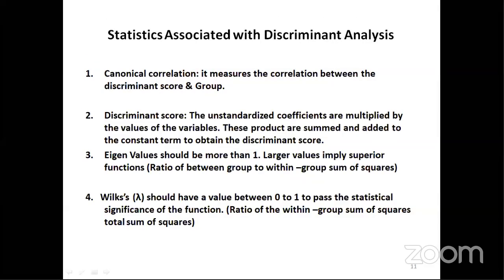Like factor analysis, here also we have some statistics which are associated with the discriminant analysis. Definitely, if you are conducting any discriminant analysis, you have to know some statistical terms related to it. Because you are going to calculate these statistics, and in your research paper, in your study, you have to give the interpretation of these terminologies.